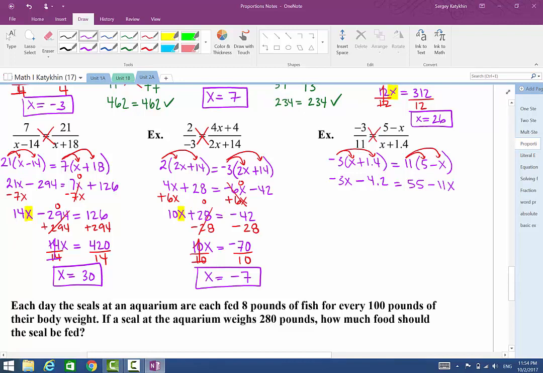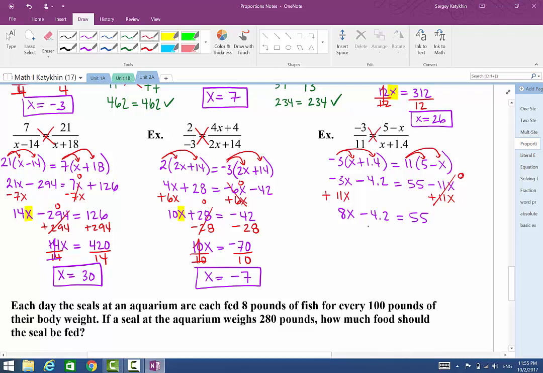Now notice between the two, the negative 11x is smaller, so I'm going to add 11x to both sides because I want to get rid of the smaller ones. So that gives you 0 on the right side. Well, negative 3x plus 11x is actually different signs. So you subtract the two numbers and you keep the largest sign, which gives you a positive 8x minus 4.2 is equal to 55.